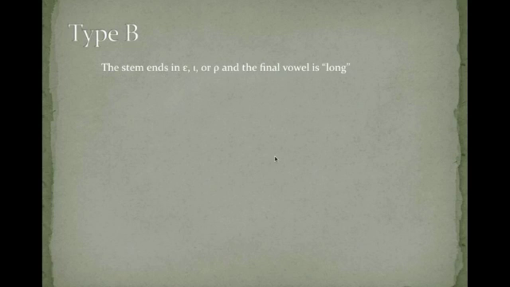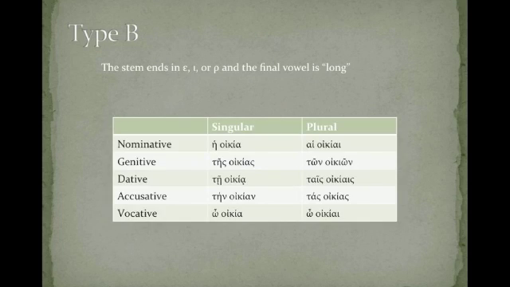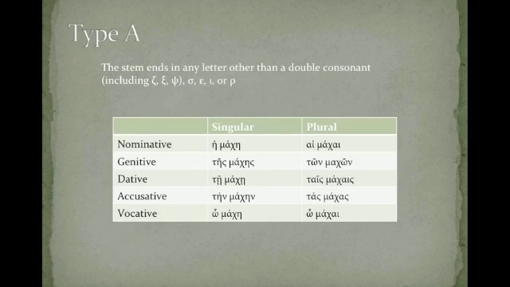Now, type B, these are stems that end in epsilon, iota, or rho, and the final vowel is long. Okay, so it's a long alpha anyway. So he oikia, tes oikias, te oikia. Notice the iota subscript here. In type A, the eta was throughout.